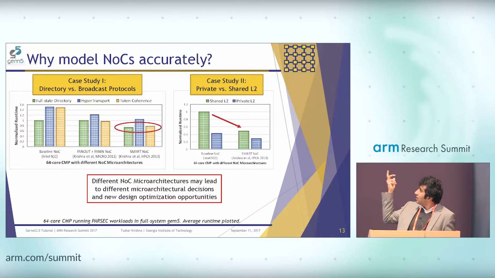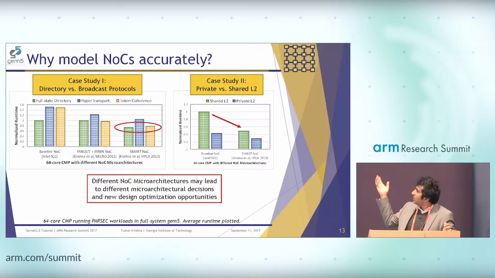The first is a case study where we compare directory and broadcast protocols. Intuitively, we know that broadcast protocols are harder to scale because they have a lot of traffic and bandwidth requirements from the network. Directory protocols are easier to scale, but they add storage overheads. In this slide, we've taken an average across a suite of PARSEC workloads, with 64 cores, showing normalized full-system runtime.